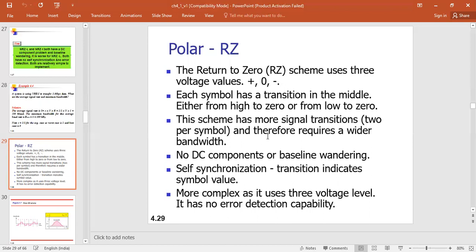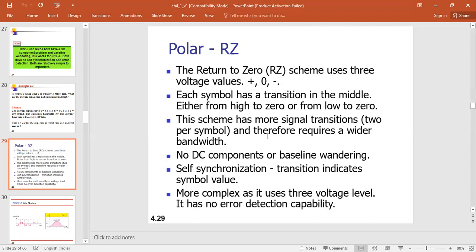Each symbol has a transition in the middle, either from higher to zero or from lower to zero. This scheme has more than a single transition, 2 per symbol, and therefore requires a wider bandwidth. So here there is no DC component, and it is self-synchronizing. The implementation feels more complex than the last one, but there is no error detection capability.